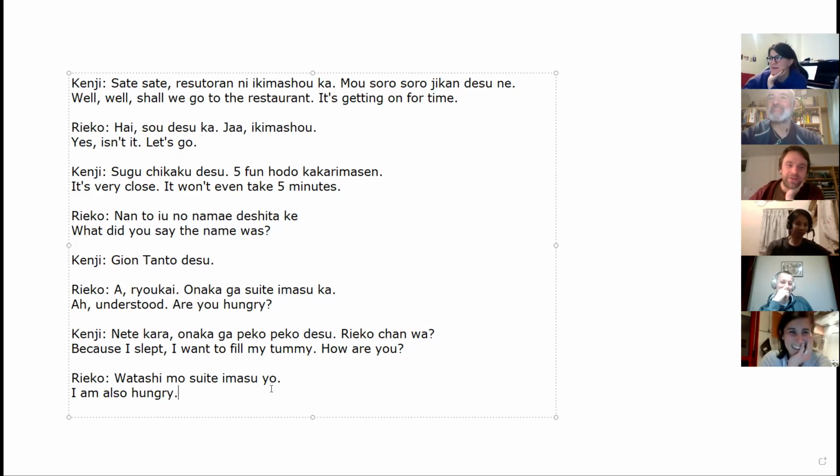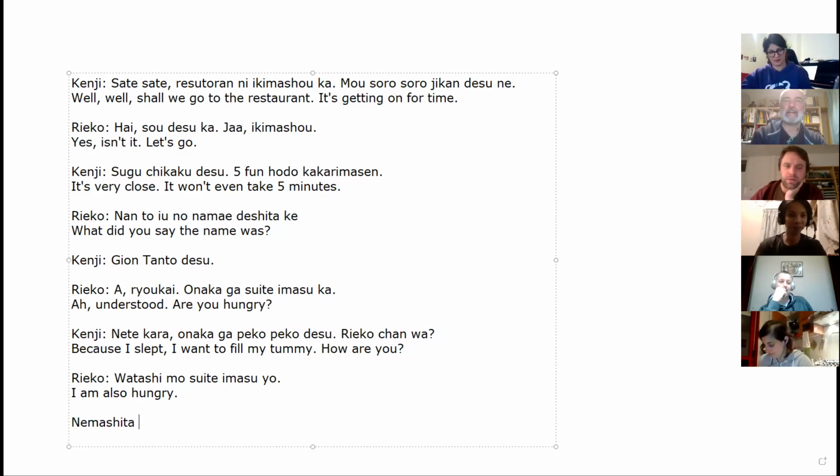Good. Sensei, could you interpret netakara as in from the moment I slept, or from so sleeping? It basically means nemashita kara. But if you put nemashita kara in the middle of the sentence, this is basically a complete verb, and it puts a great big load of wording in the middle of a sentence when you want it to flow nicely.